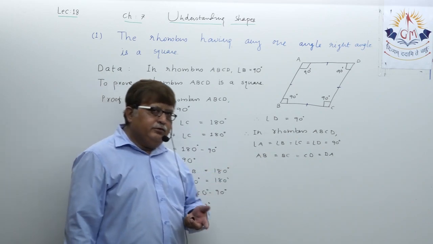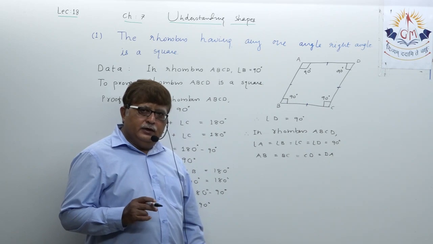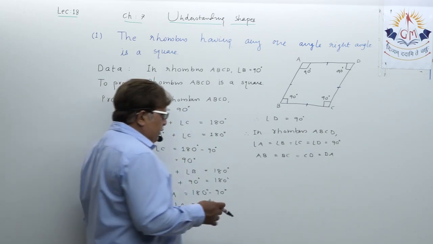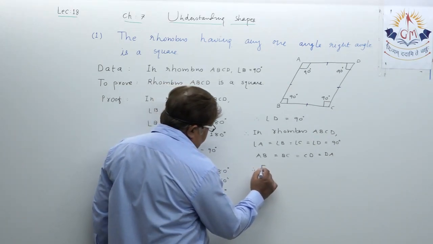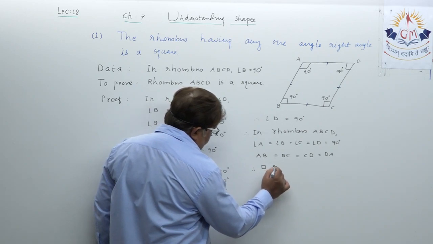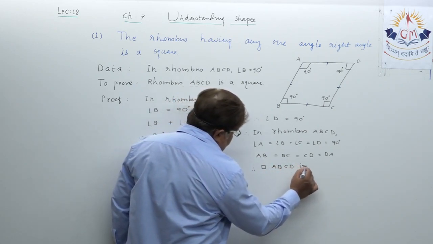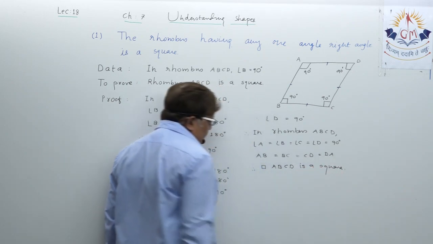Now when this is the case, that all angles are right angle and all sides are equal, definitely you can say that therefore quadrilateral ABCD is a square. Understand? It is proved.